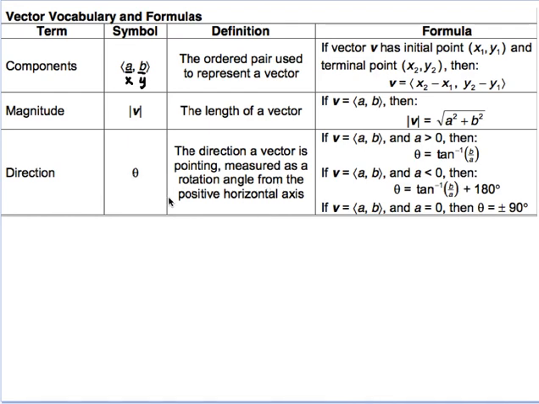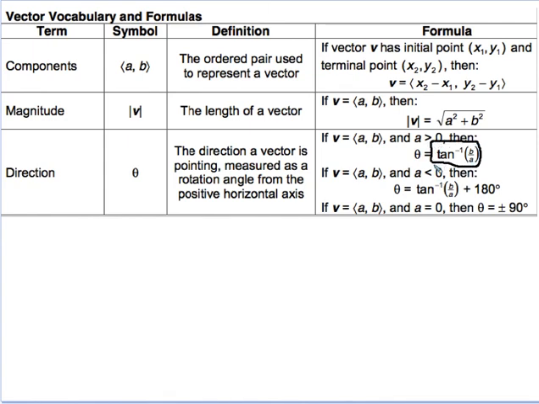Now the definition is the direction a vector is pointing measured as a rotation angle from the positive horizontal axis. Now our components, before we get into this part, we need to look at our components. We're using our a and our b, so our x and our y, and if we have our components and we want to know the direction, then we are going to use the inverse tangent formula.